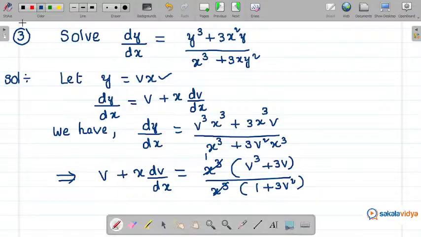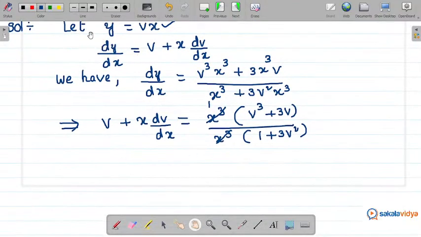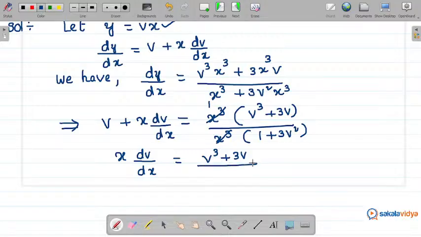Then what do we get? Let us see. We get x dv by dx is equal to v cube plus 3v divided by 1 plus 3v square, minus v.